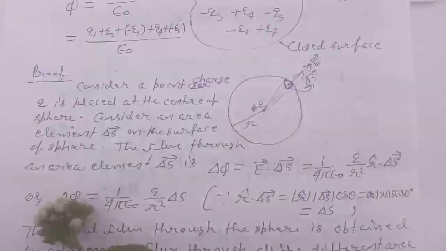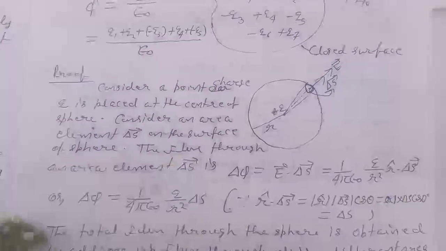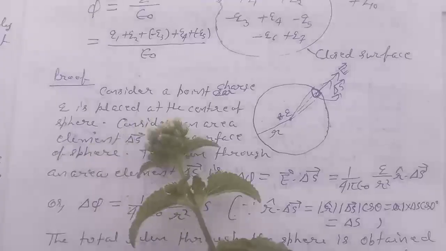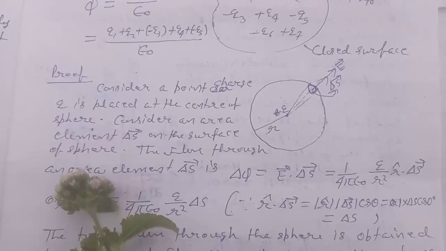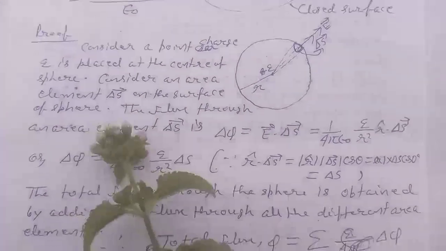Proof. Consider a point charge q placed at the center of a sphere. Consider an area element delta S vector on the surface of the sphere.